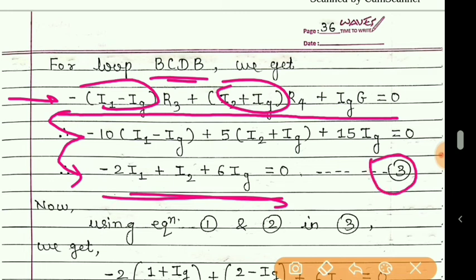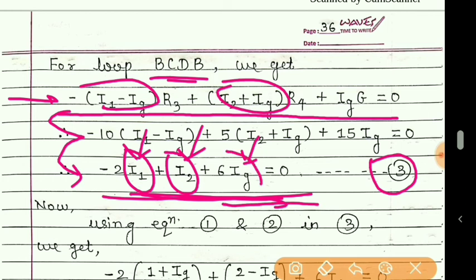Now students, remember, this equation is in terms of I1, I2 and Ig. But if I put the values of I1 and I2 from equations number 1 and 2, then this whole equation will be in terms of only Ig, and that Ig can be obtained.